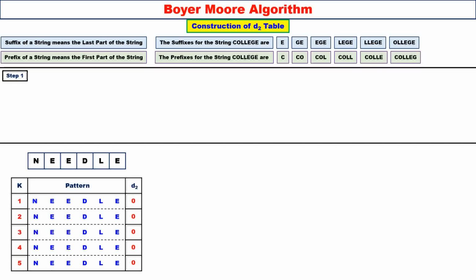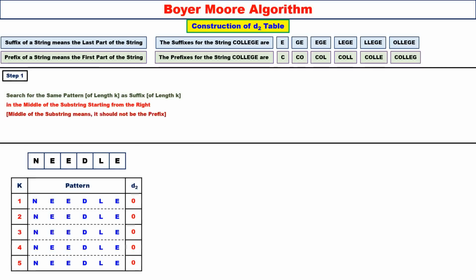Carefully understand step 1. Search for the same pattern of length k as the suffix. Whatever suffix you are taking, you have to search for that suffix in the string. The length should be the same: the pattern and the suffix length should be the same. Search in the middle of the substring, starting from the right, and middle means not the prefix.